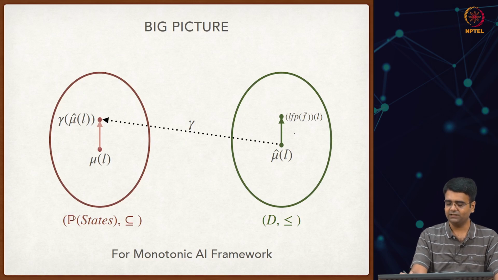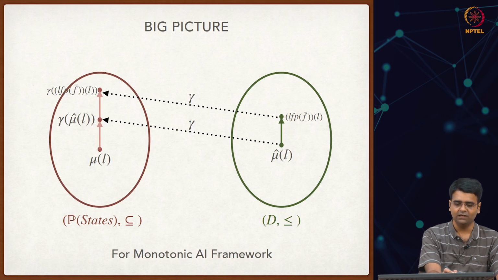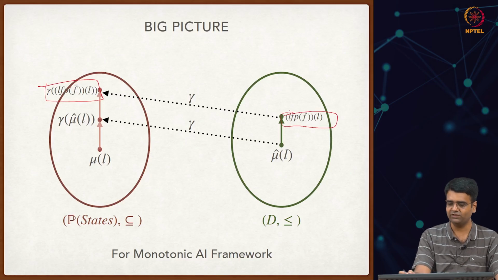Under this assumption, we have seen in today's lecture that mu hat of L is less than or equal to LFP of f bar, which means that LFP of f bar always over approximates the abstract GOP. Since gamma is monotonic, if you take its gamma image, gamma of LFP of f bar is going to be another over approximation of gamma of mu hat of L, which in turn is an over approximation of mu of L. All this means is you can safely use this LFP of f bar. So using LFP of f bar is sound.